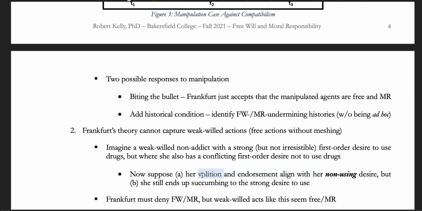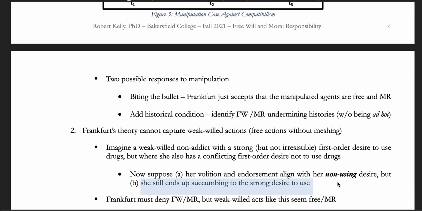Your higher-order stuff is, I want my desire to not use, or not eat the cheesecake, to be effective, and that's what I endorse. But because you're weak-willed, through a momentary failure of judgment, or of getting your actions to align with your judgment, you still end up succumbing.